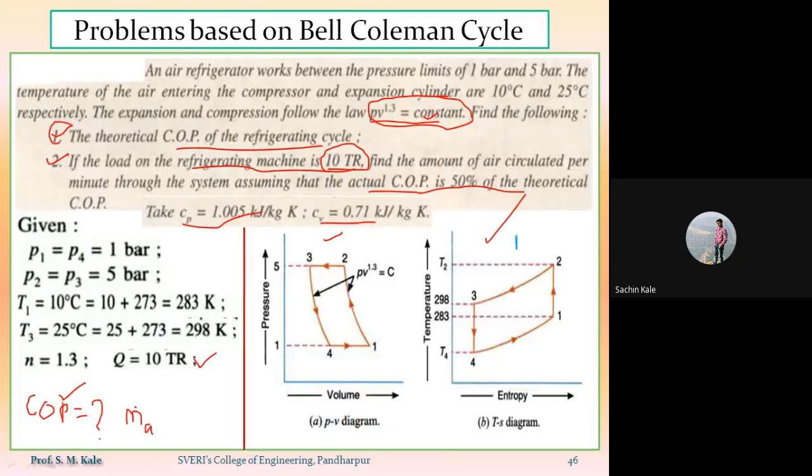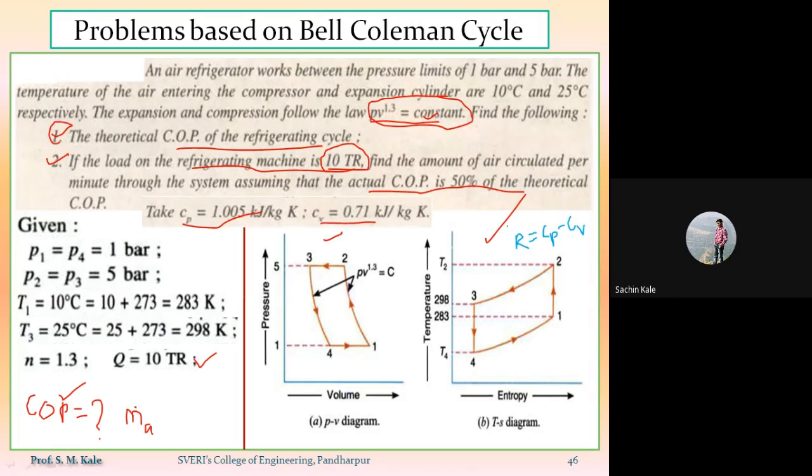the value of R. We know that R is equal to, what is the formula for R? Can anybody tell me? R is nothing but Cp minus Cv.